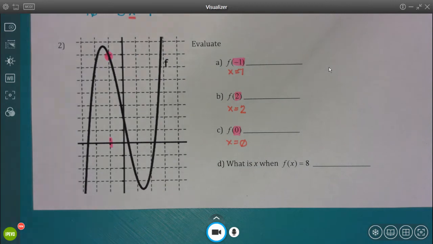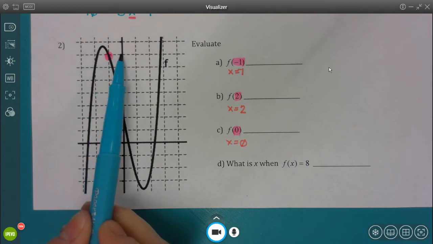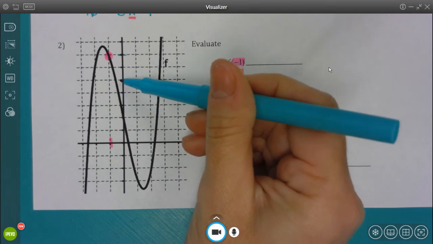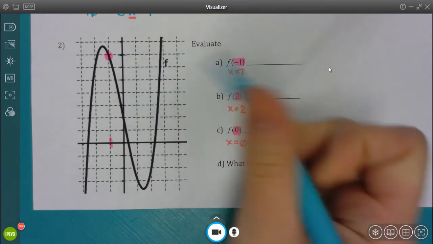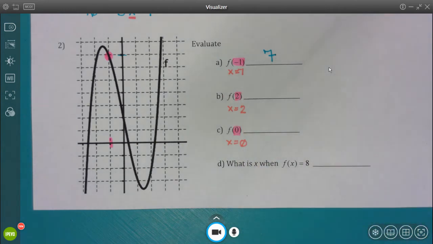So now looking at that function, my goal is to find the output value for this point right here, which would be 1, 2, 3, 4, 5, 6, 7. So here, my answer would be 7.